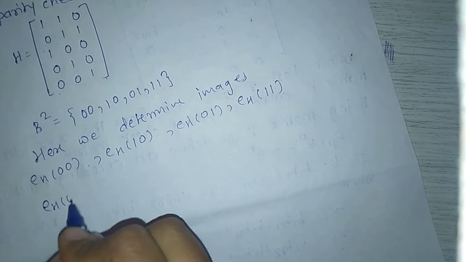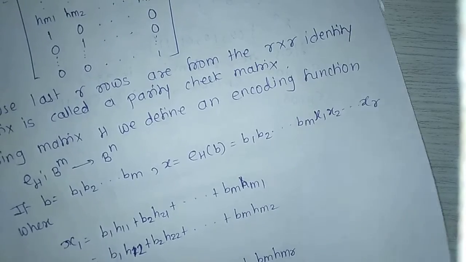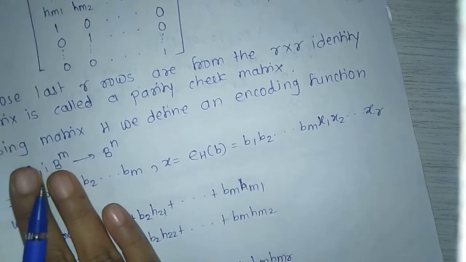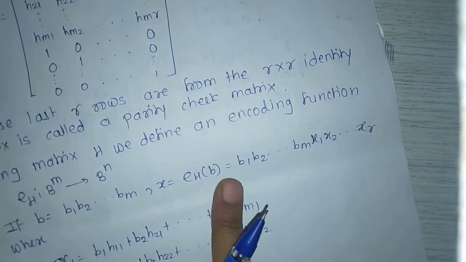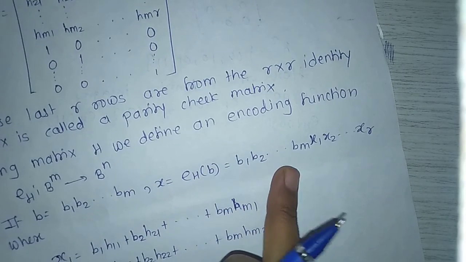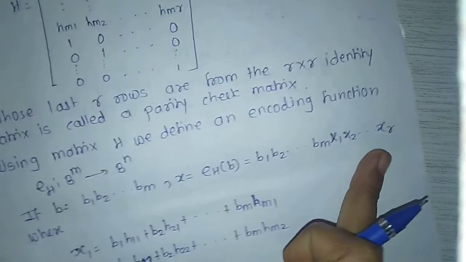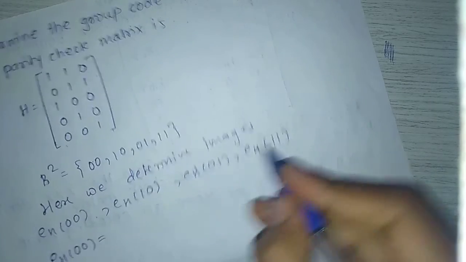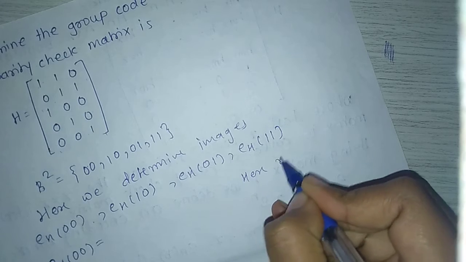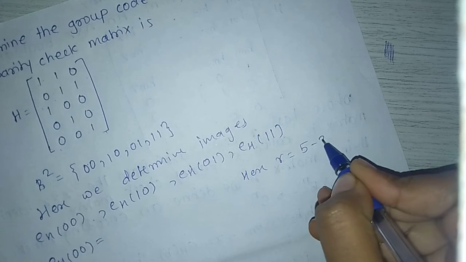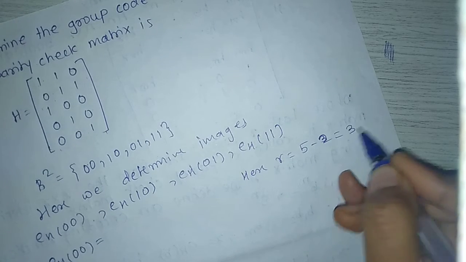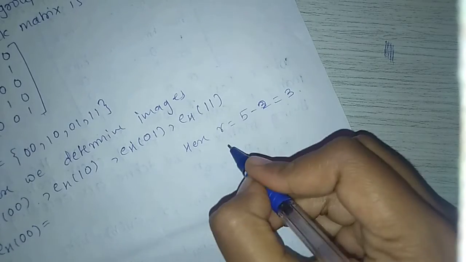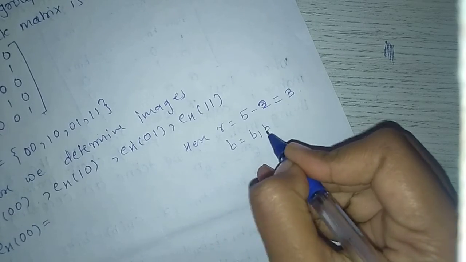First, E_H of 0,0, by the definition: E_H of b equal to b1, b2 and so on bm, x1, x2 and so on xr. Here r equal to 5 minus 2 equal to 3, and b equal to b1, b2.